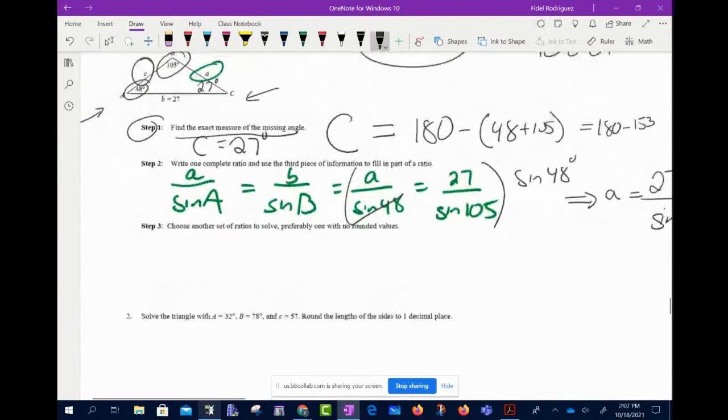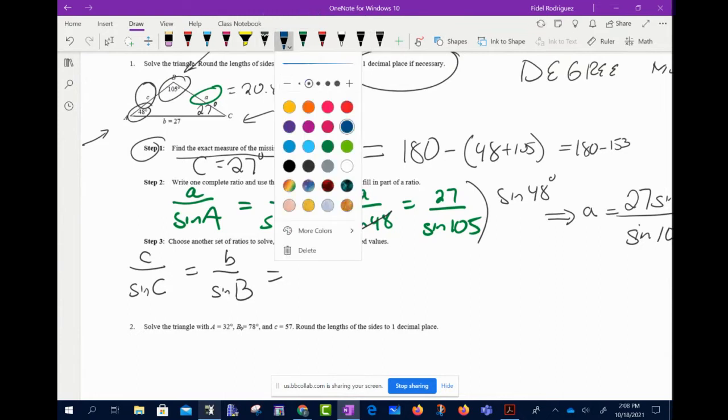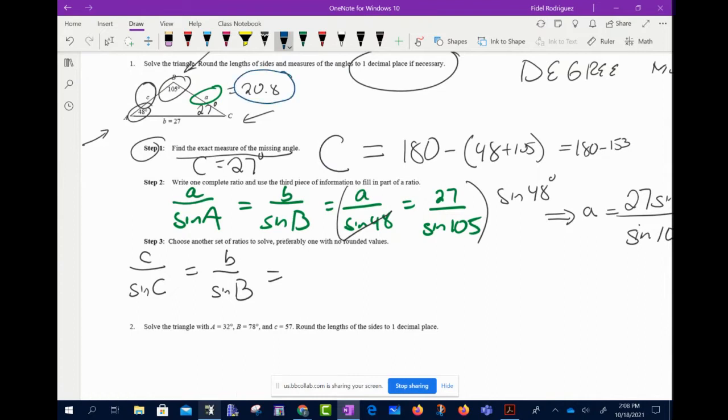I'm going to zoom back in so I can see that a little better. For this one here, we came up with 20.8. Now we're going to do the same thing for C. Little c divided by the sine of C equals little b divided by the sine of big B. We could have done the same thing for A, but because we found A using an approximation and rounded it, I don't want to use one of those rounded values.